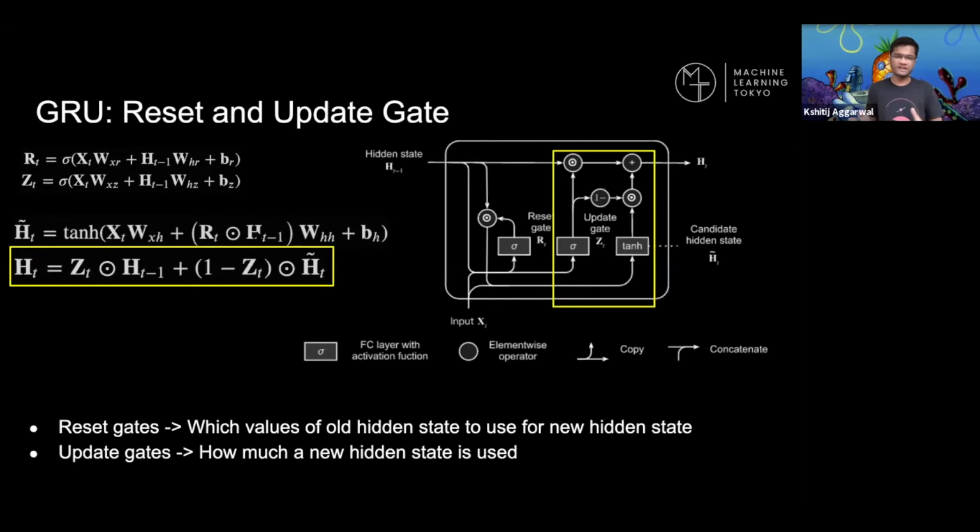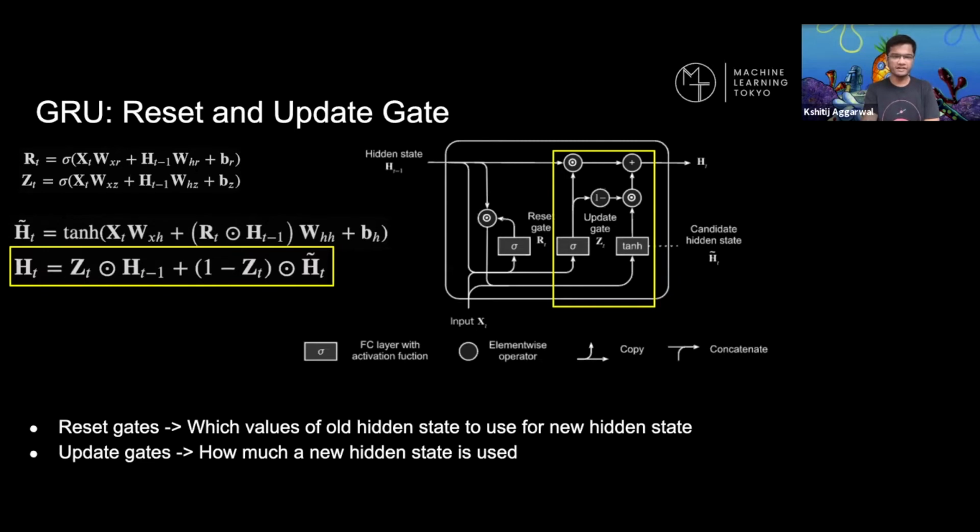Based on the weights and the training process, RT itself has some weights, and it can just learn that the previous hidden states are not useful for me, so I will not use them. Or the previous hidden states are useful, so I will just say that all my RT values are 1, and that gives me the conventional RNN to get the new hidden state.